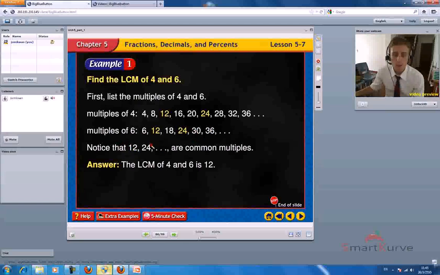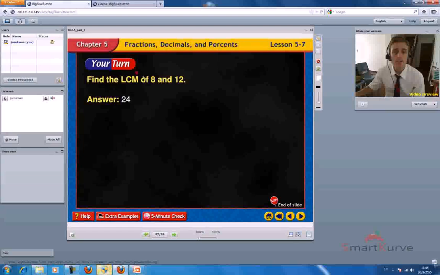Find the least common multiple by listing multiples. So find the least common multiple, LCM. First, list the multiples of 4 and 6. 4, 8, 12, 16, 20, 24, 28, 32, 36, and so on. 6, 12, 18, 24, 30, 36.